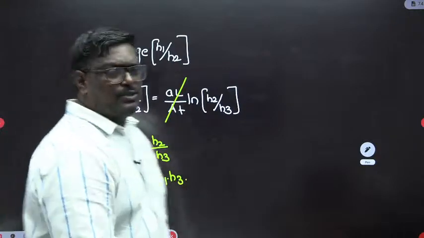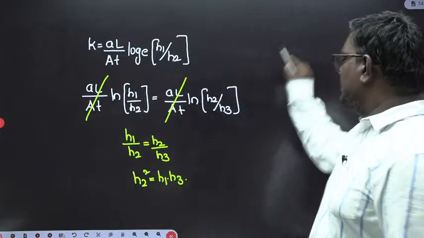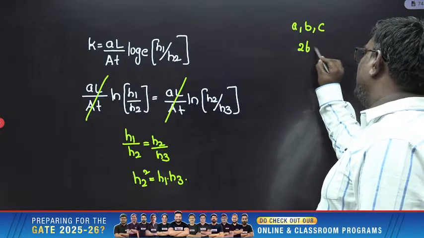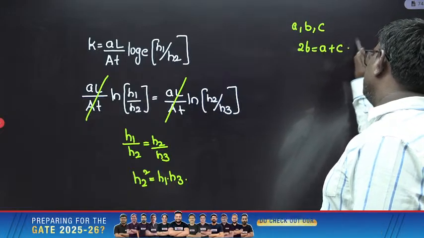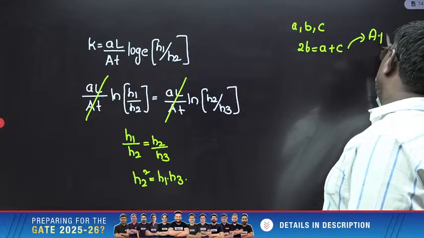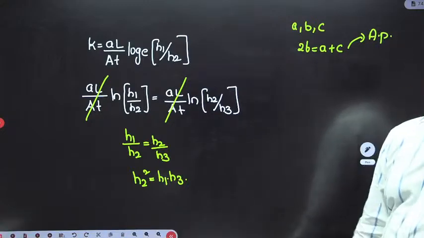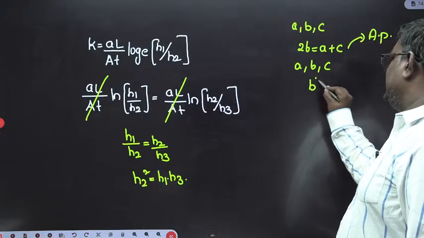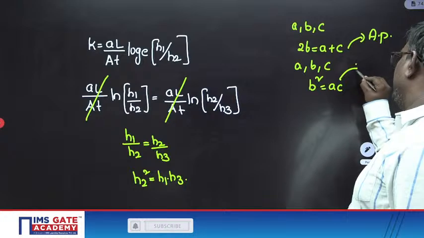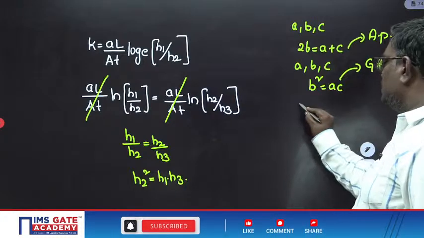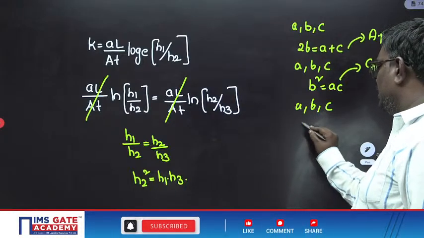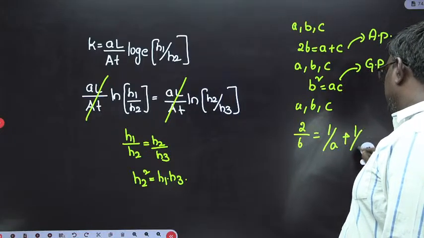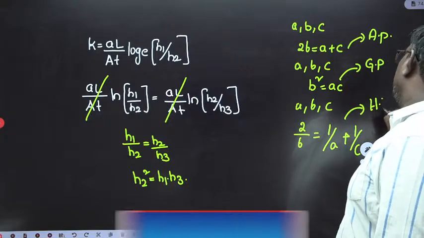And remember, my dear students, if A, B, C are 3 numbers and 2B is equal to A plus C, this represents arithmetic progression. If A, B, C are 3 numbers and B square is equal to AC, this represents geometric progression. Similarly, if 2 by B is equal to 1 by A plus 1 by C, then it represents harmonic progression.